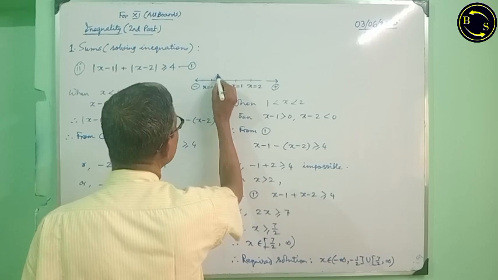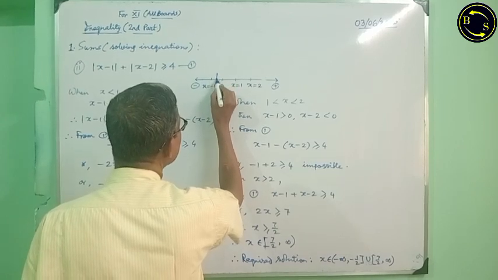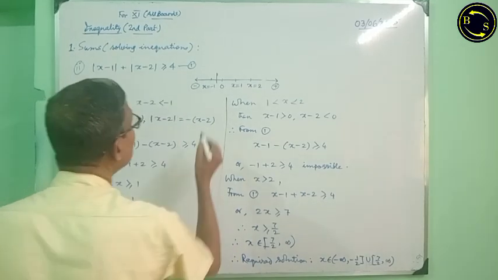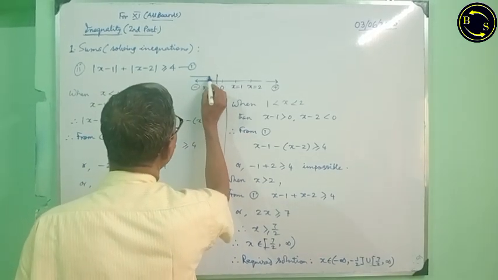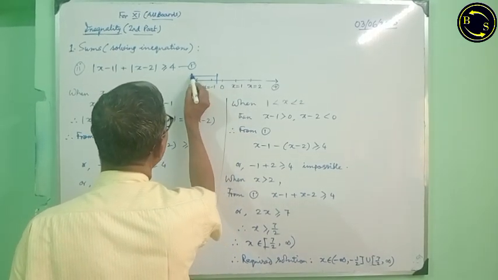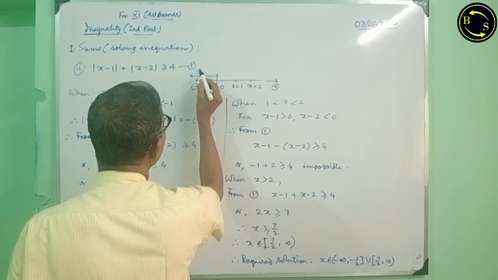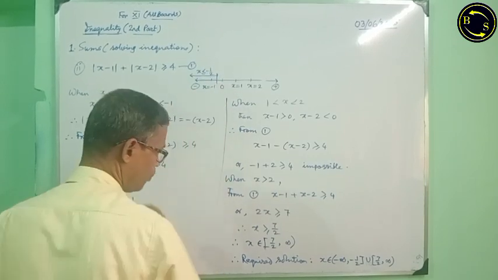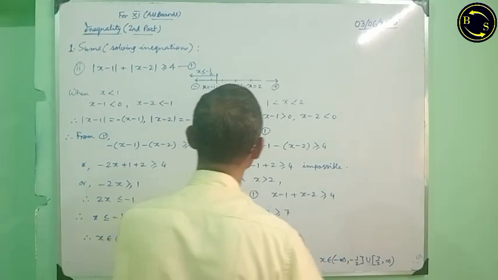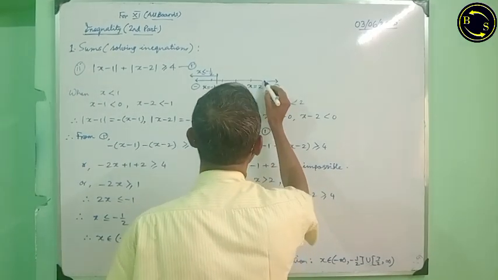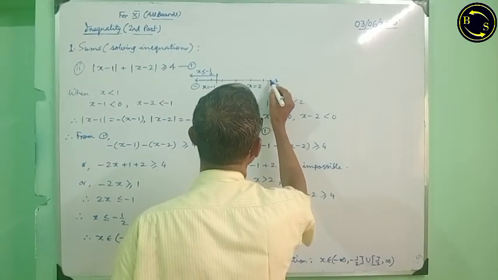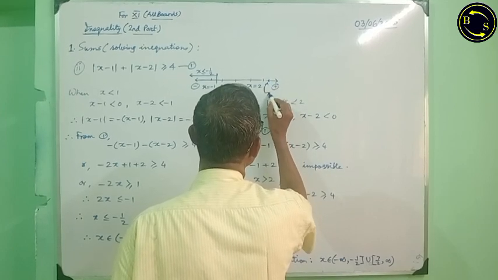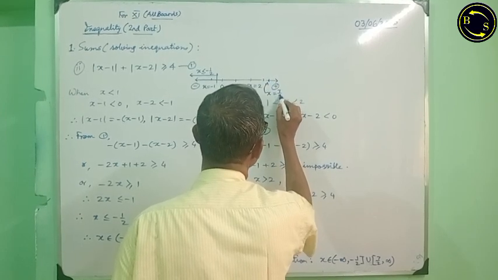Therefore, this will represent x equal to minus half. Then this is 3, x equal to 7 by 2.